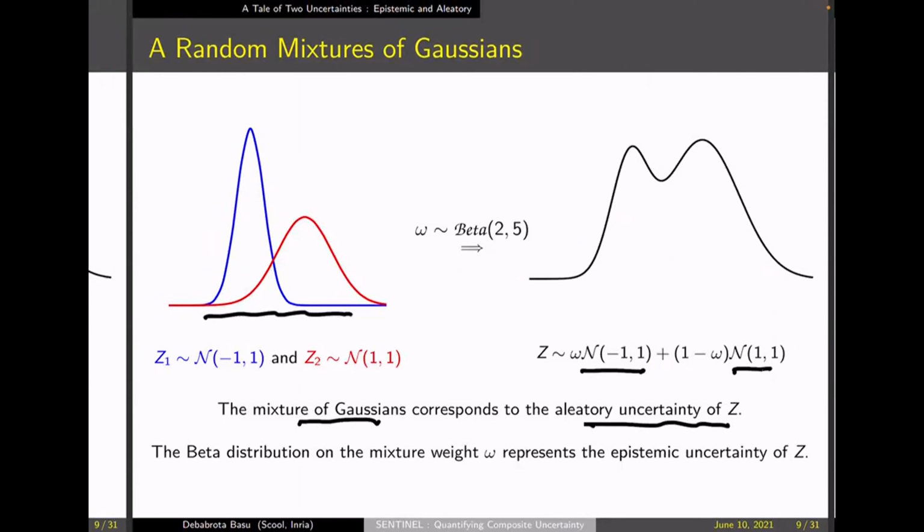But there is another one: because we don't know omega, and we assume that omega comes from a beta distribution, there is another set of uncertainty on this weight omega coming from this beta distribution, and that is exactly the source of epistemic uncertainty of Z. So from this simple example, we start to see how we can observe epistemic and aleatory uncertainties in this random mixture of Gaussians.